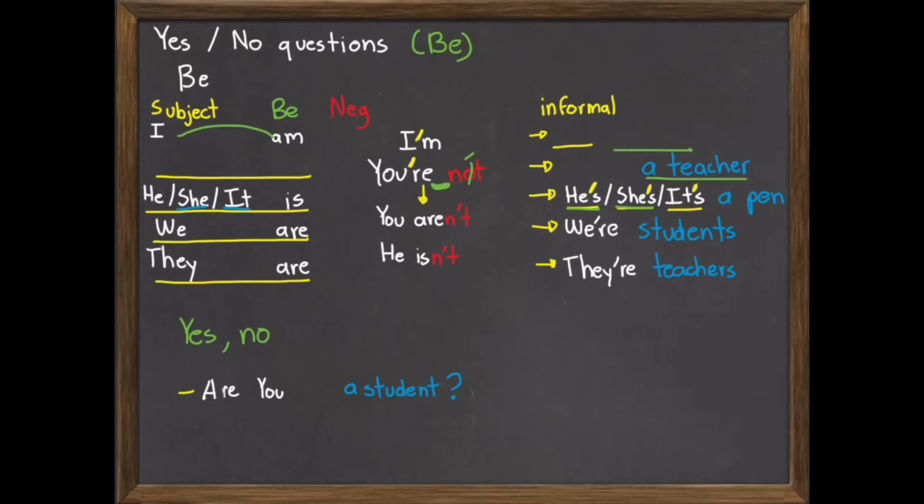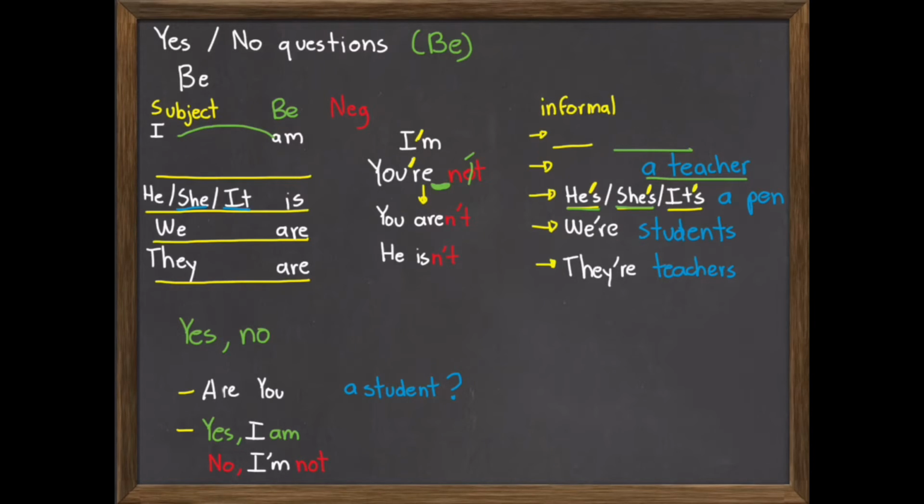So let's imagine a conversation. Are you a student? And you could answer, yes, I am. Or if it's a negative answer, no, I'm not. Or no, I am not. Both are correct. So that's how you answer a yes or no question.